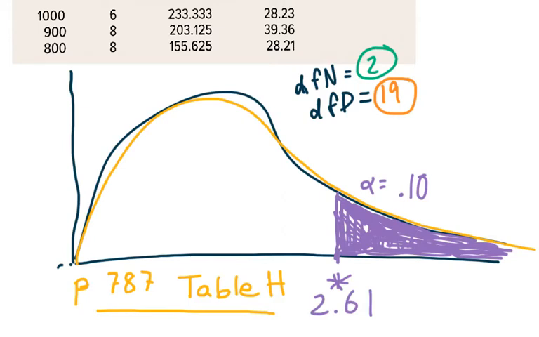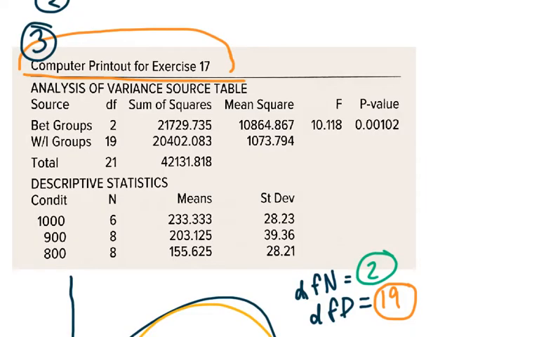Now let's go into the computation. So the nice thing here is that we have already got somebody, namely the computer, to do all of the computations for us. So remember, this is what we would do. We would do our calculations for the grand mean.